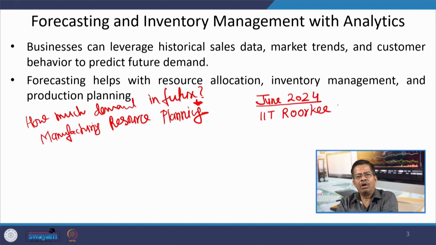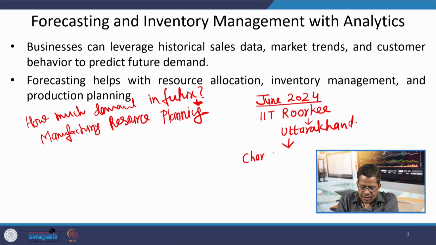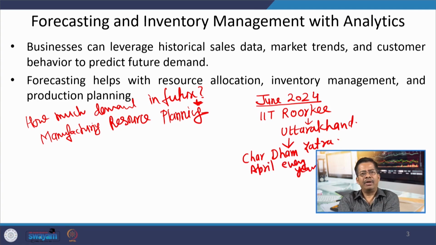I hope all of you are well aware that Roorkee is in Uttarakhand, and Uttarakhand is a very popular place for the Char Dham Yatra. Now, this yatra starts in the month of April every year, and every year when the yatra is about to start, the government of Uttarakhand does a forecast.